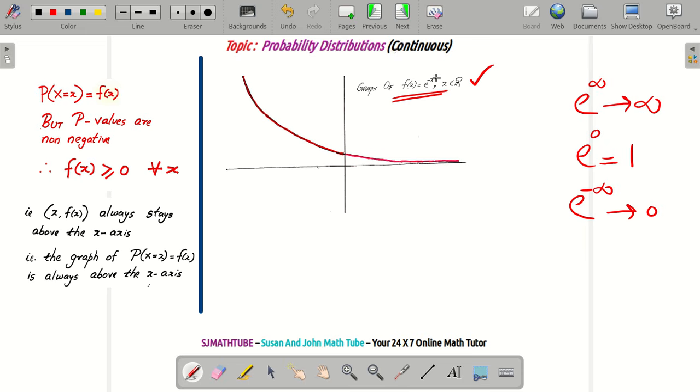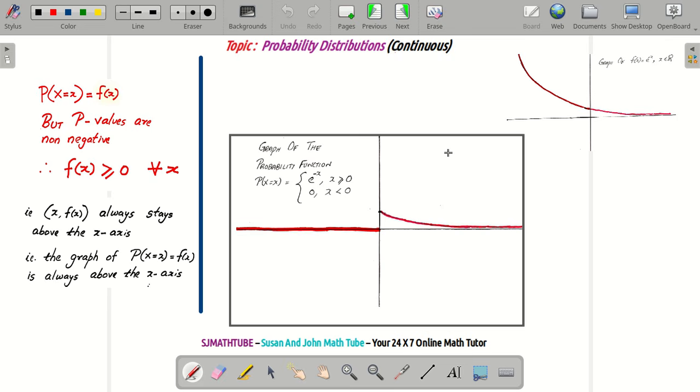So when we input negative values, the power becomes positive, because if I input minus 1, it will become e to the power 1. When I input minus 5, it becomes e to the power 5. So the negative side shoots up to infinity. At the same time, the positive side becomes asymptotic to the x-axis.